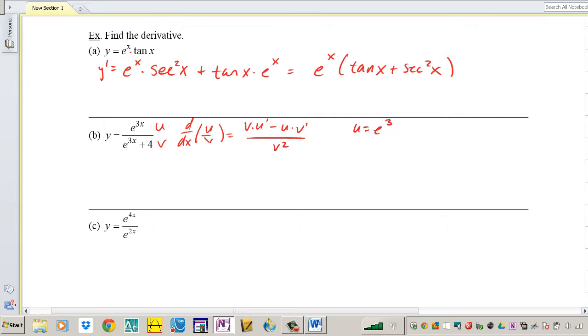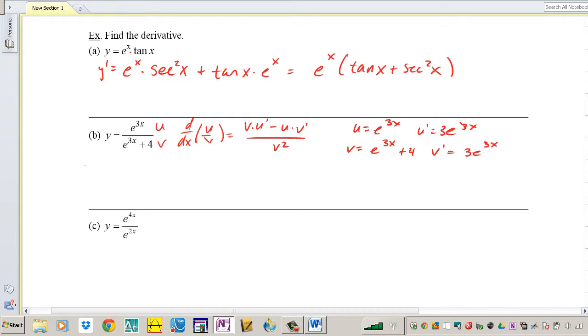U is e to the 3x, so that makes u prime 3 e to the 3x. V is e to the 3x plus 4, so that makes v prime 3 e to the 3x. The 4 turns to 0. So let's go ahead and apply a quotient rule.